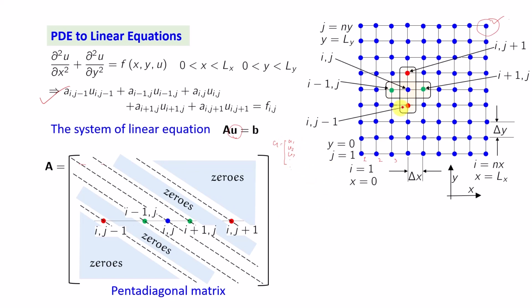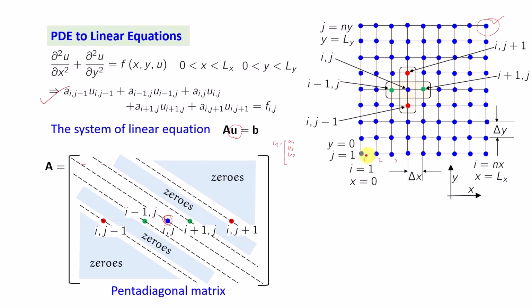So let us say I'm interested in getting the equation of this point. When I write the equation for this point, that equation is written here. The coefficient of a_{ij} will come here at the diagonal, because the point is going like this.